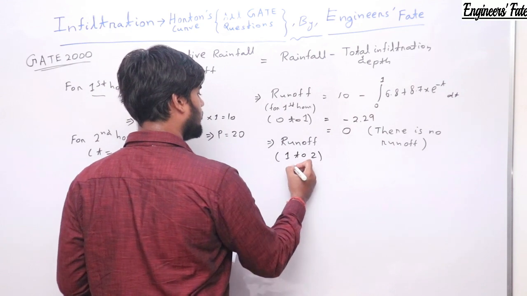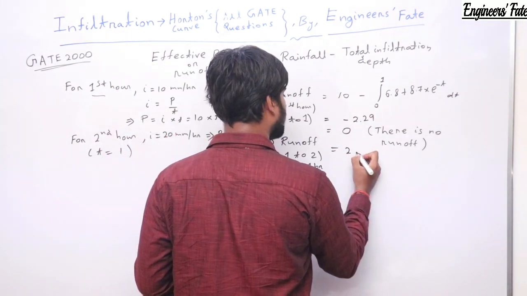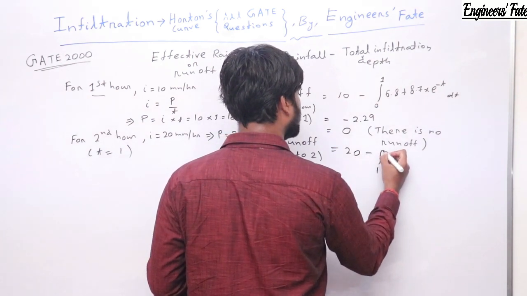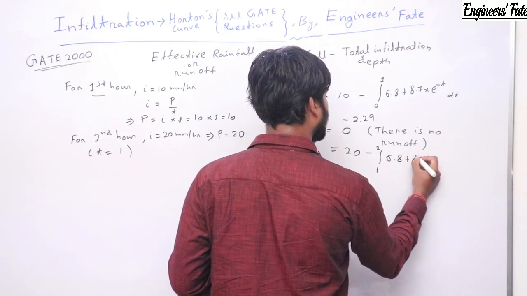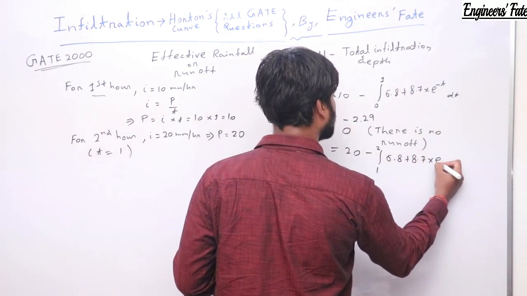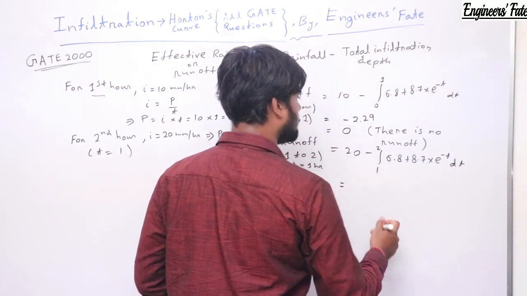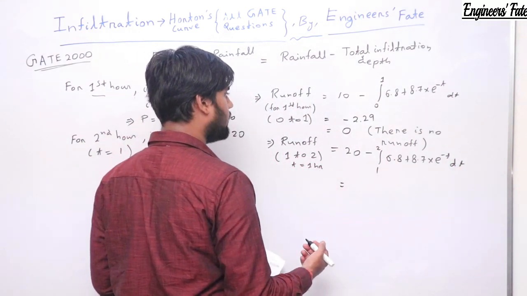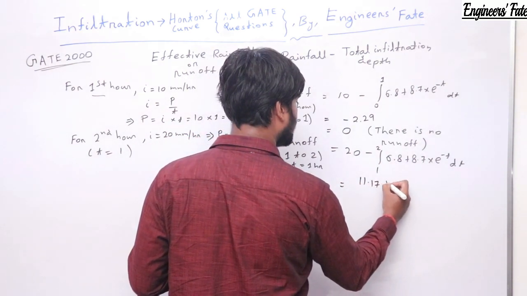So that is T equal to 1 hour. So that will be 20 minus integral from 1 to 2 of 6.8 plus 8.7 into e to the power minus t dt. So just integrate it and you will find that the answer will be 11.17 mm.